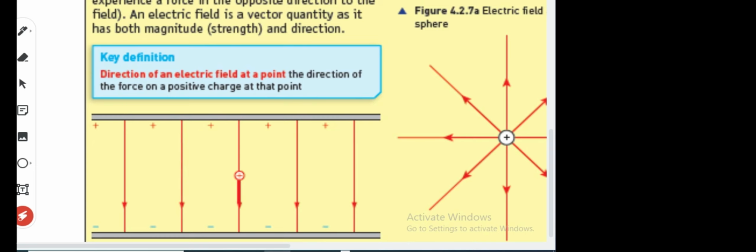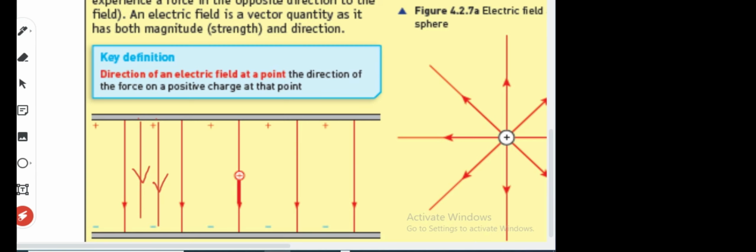Now whenever the field is uniform, the spacing should be reasonably equal, because lines that are closer to each other mean the field is greater at that point.